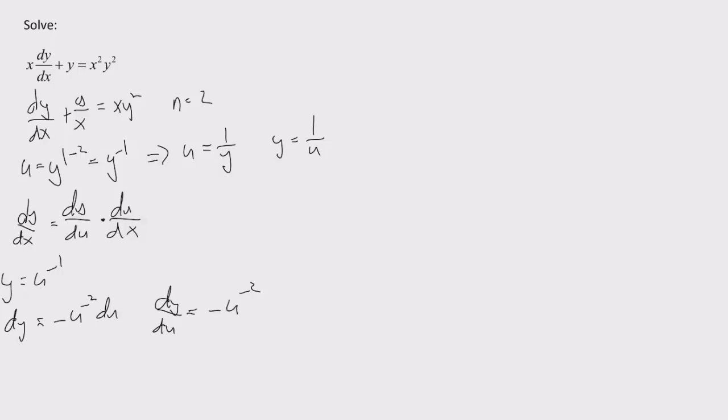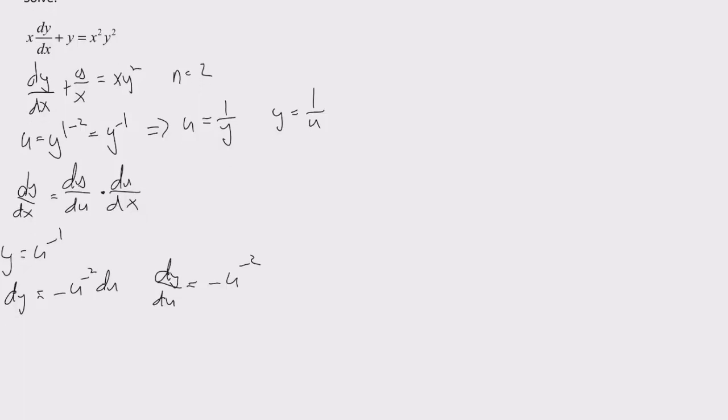All right, so let's do some substitutions. dy/dx we're going to replace with dy/du times du/dx. So the left side becomes negative u to the negative 2 du/dx.